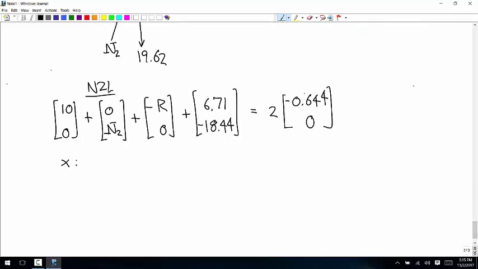And then the x equation says 10 minus R plus 6.71 is equal to negative 1.288. So R is equal to 17.998, something like that.